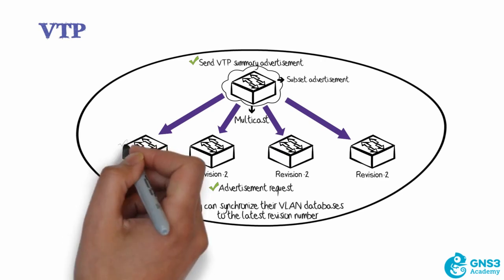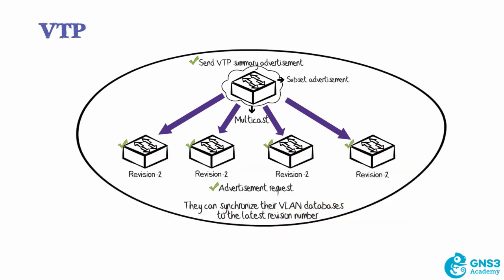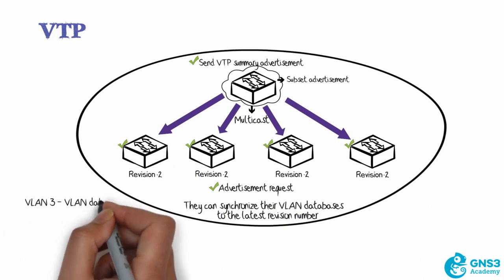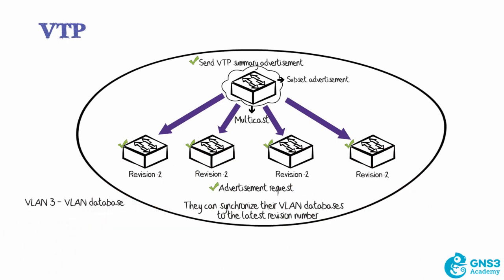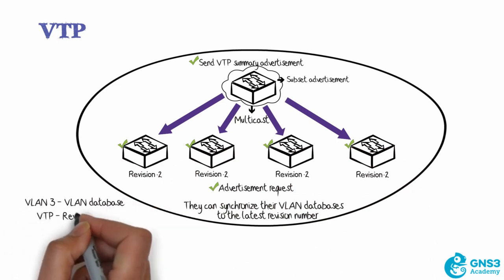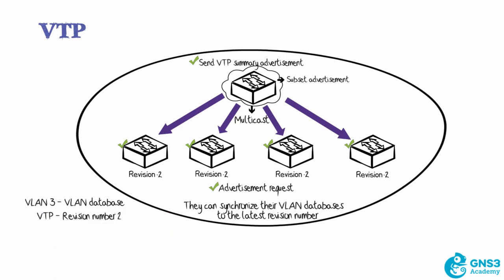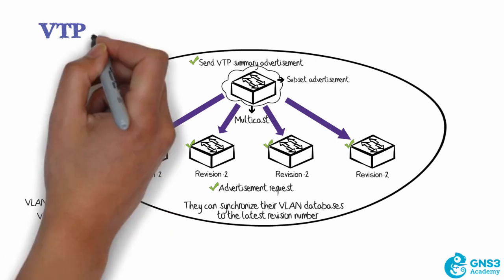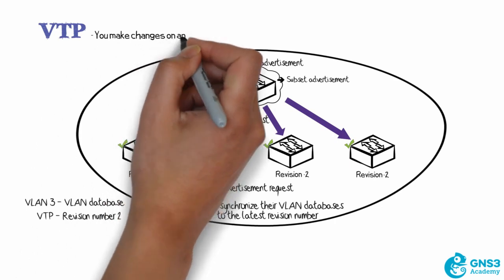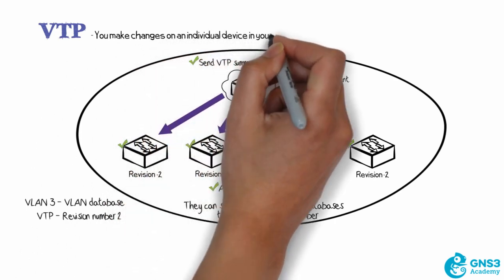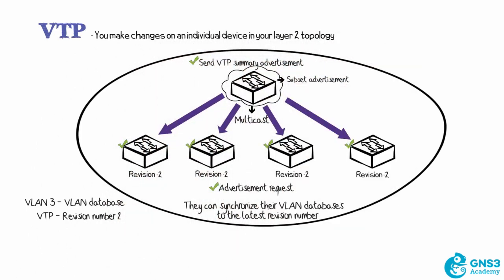So if you look at the VLAN databases of these switches, VLAN 3 will now be shown in the VLAN database, and the revision number in VTP will be revision number 2. So the whole concept of VTP, once again, is that you make changes on an individual device in your layer 2 topology, and those changes are advertised to other switches, which in turn synchronize their VLAN databases to the switch that has the latest revision number.